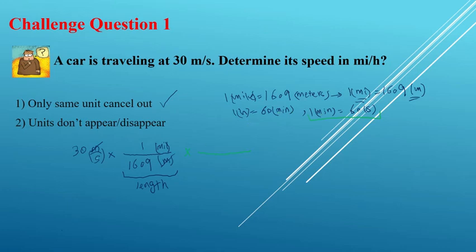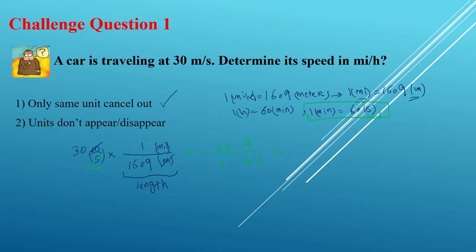This second should cancel out, so it should be in the numerator, and I'm going to use this one first, so minutes will be in the denominator. So 1 minute is equal to 60 seconds, correct? So seconds and seconds cancel out.